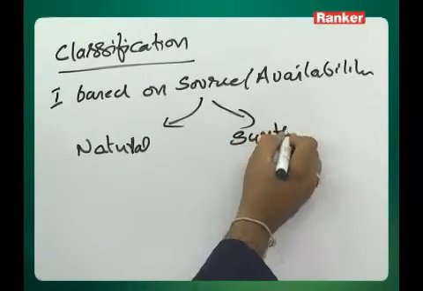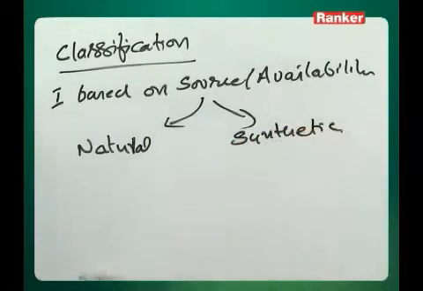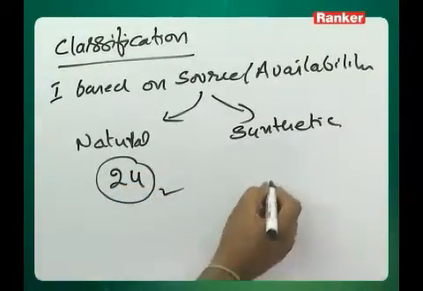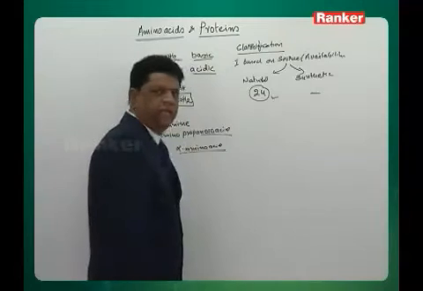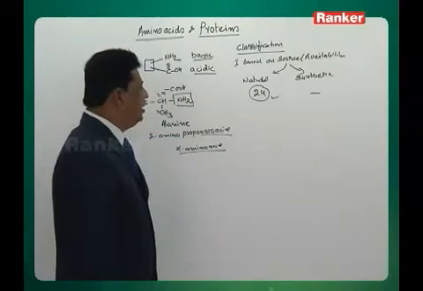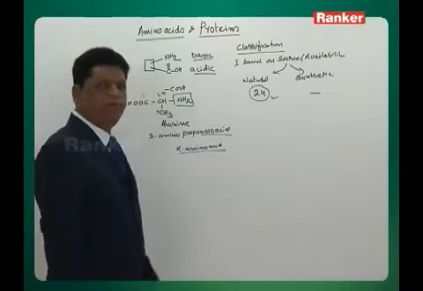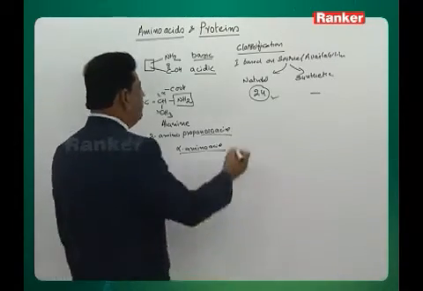Synthetic means man-made amino acids. There are 24 amino acids identified in nature. There is no fixed number for synthetic; every day you can prepare some more new compounds, and they may go on adding. But for natural amino acids, only 24 have been identified.